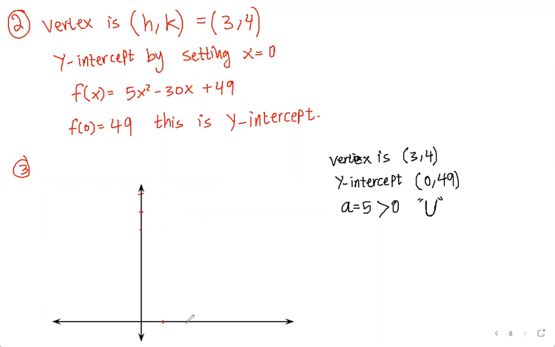So this is 1, 2, 3, 4. The graph has the vertex here, and it is a parabola opening upward, something like that. Here it intersects at 49.